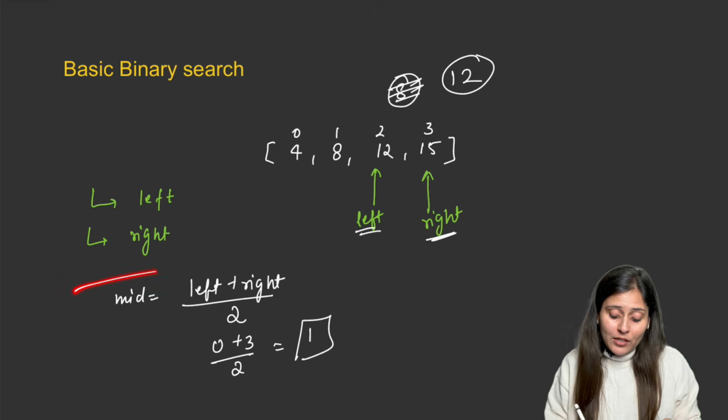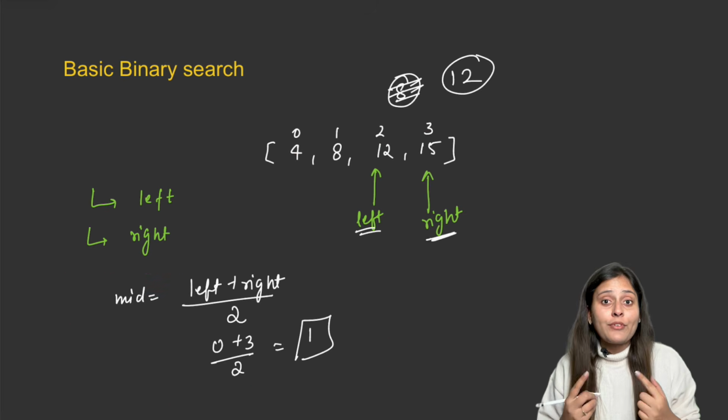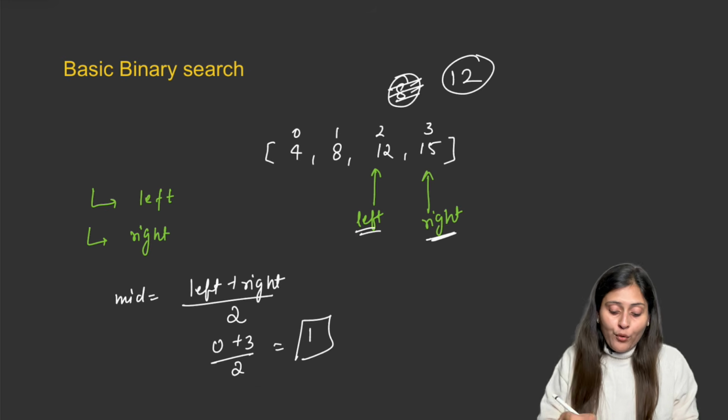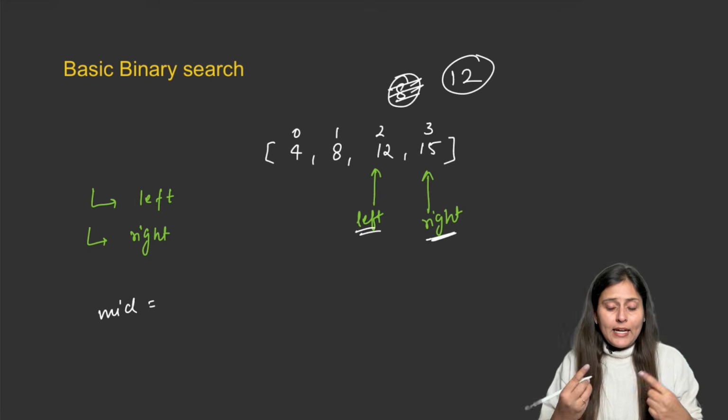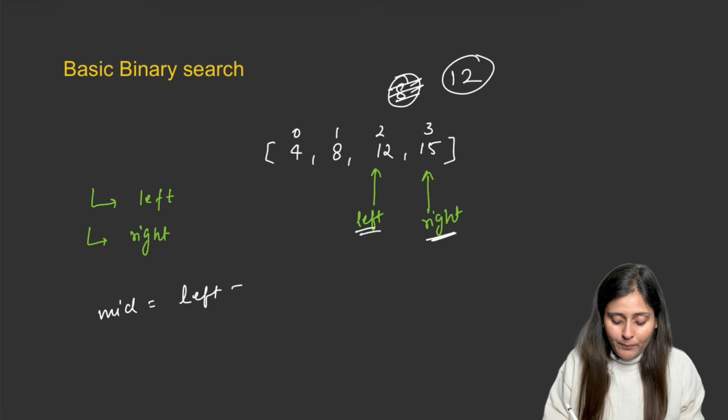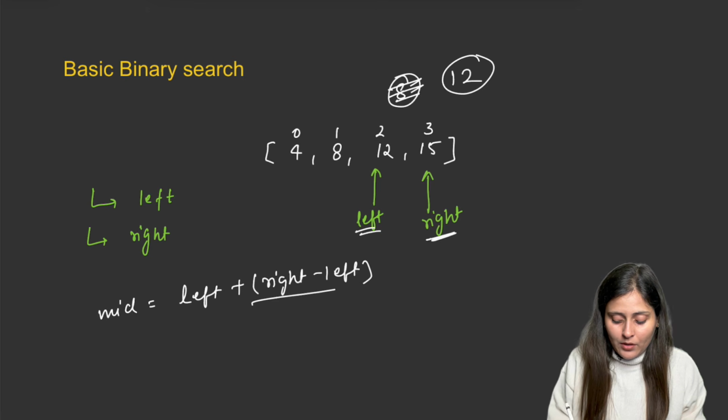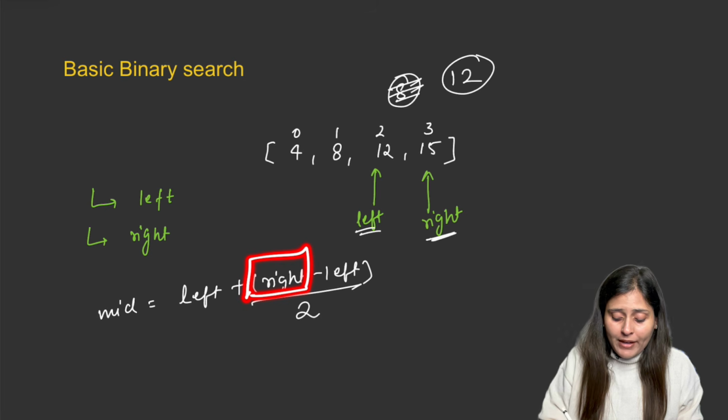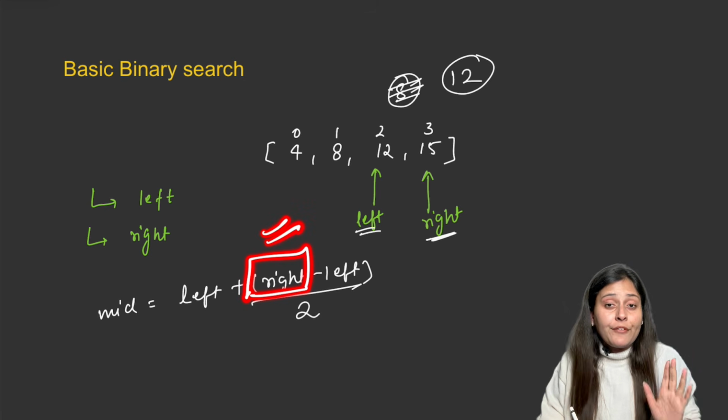The mid calculation also has a logic. Instead of calculating left plus right by 2, we prefer not doing this. Instead, we go for left plus (right minus left) by 2. Suppose right is a very big number, somewhere around infinity.